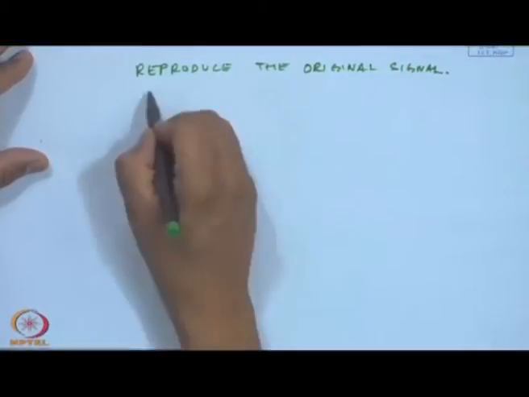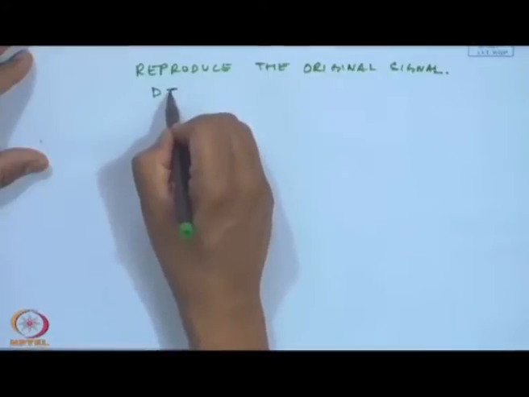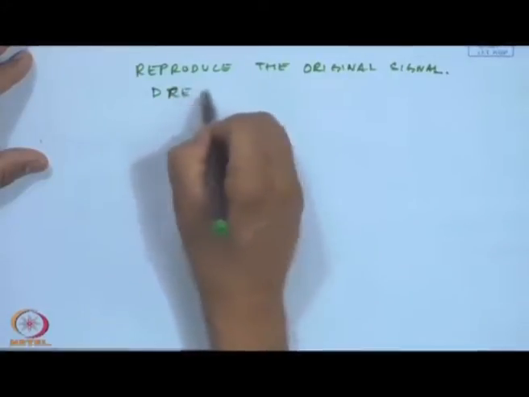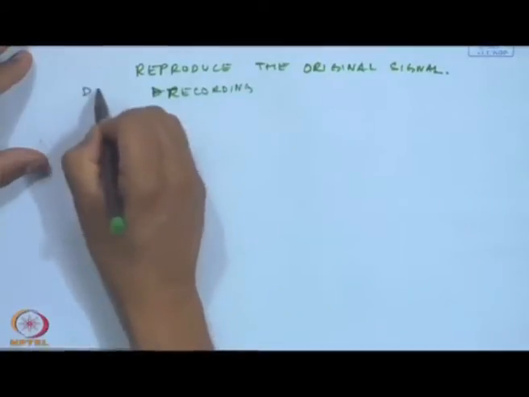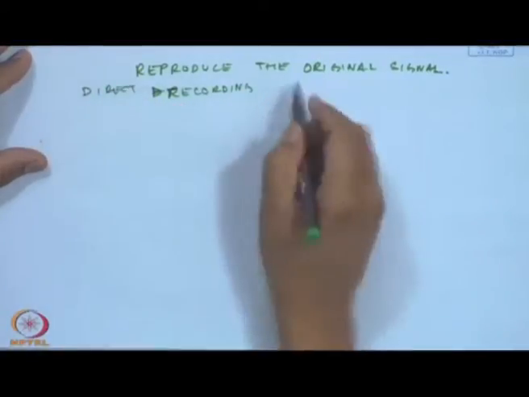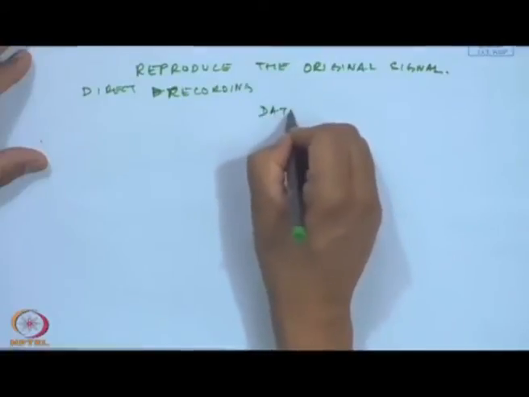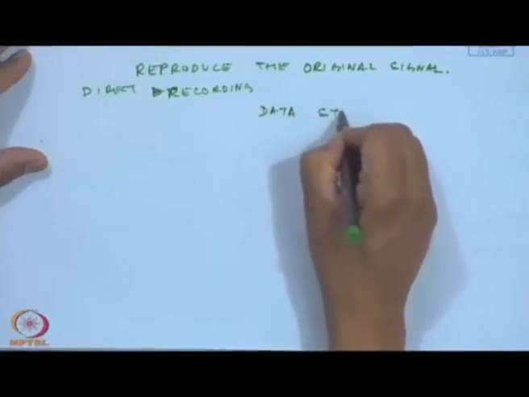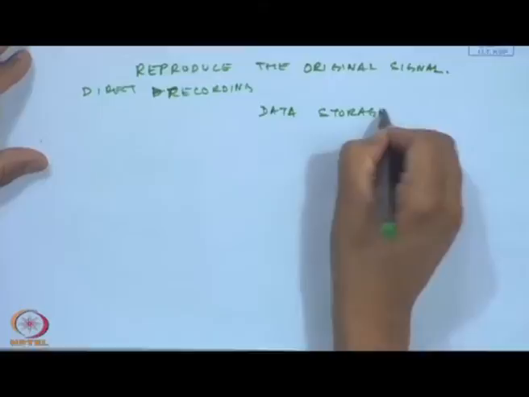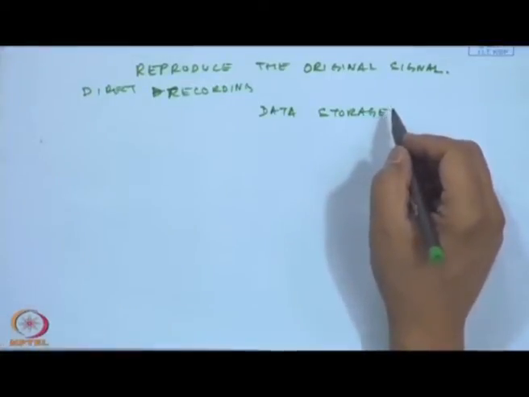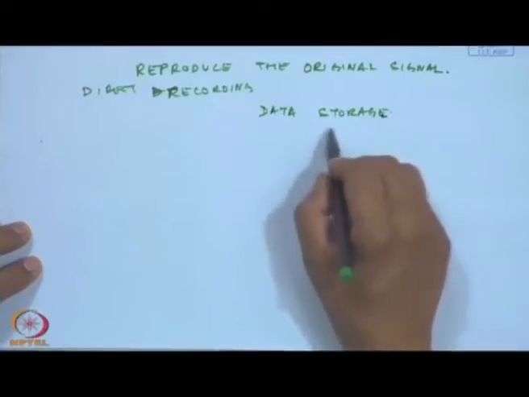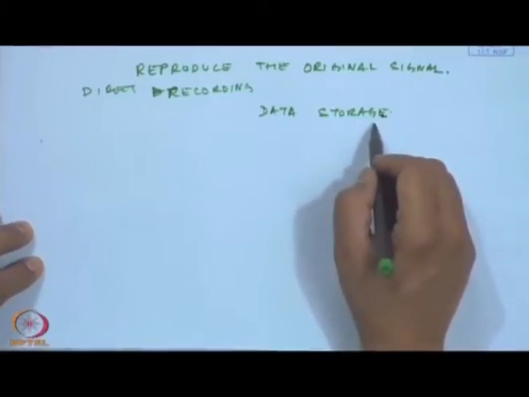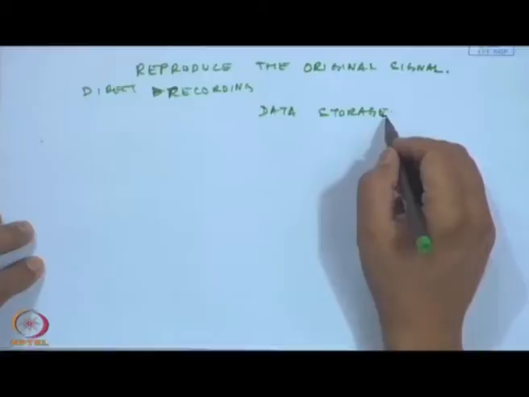But the problem is this direct recording was data storage, because once we store it in a magnetic media, there is every possible chance that in a magnetic environment they may deteriorate.